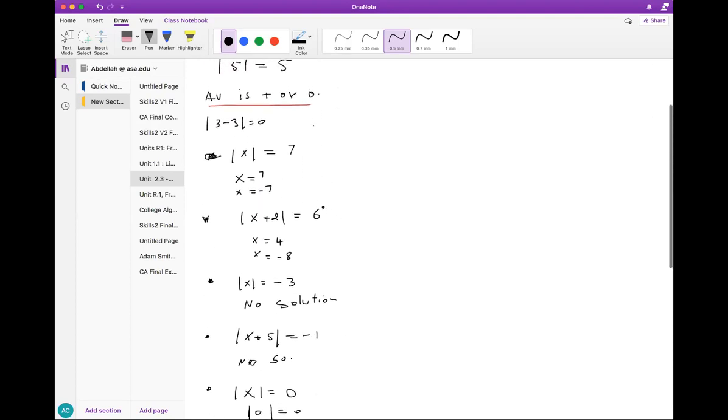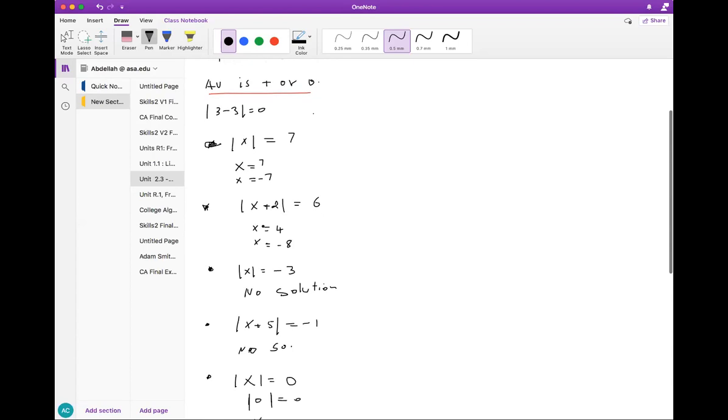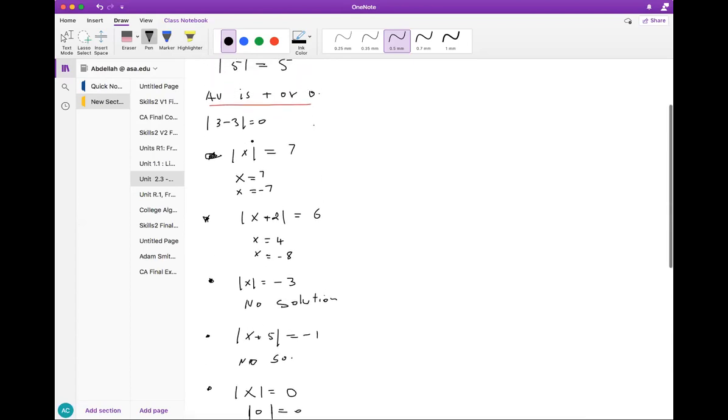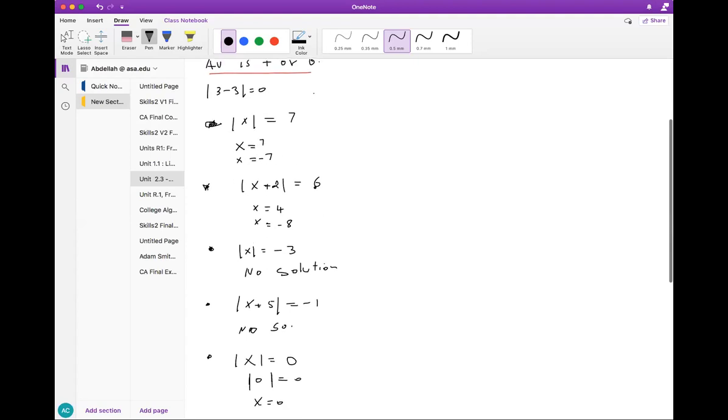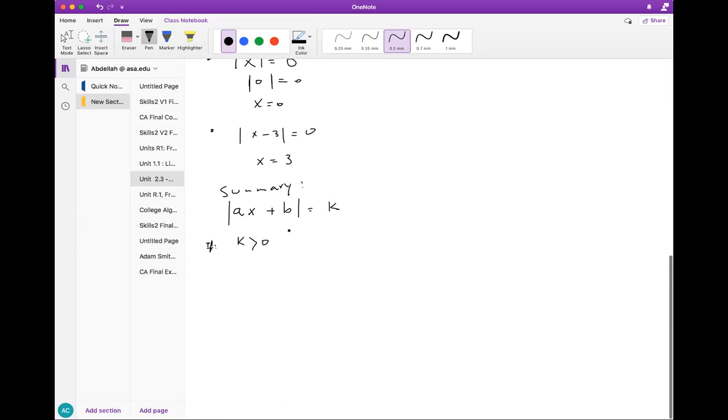Whenever this is positive, you expect 2 solutions, because the absolute value is always positive. Just like x equals 7: x could be 7 or x could be -7. So k greater than 0, meaning k is positive, means 2 solutions.